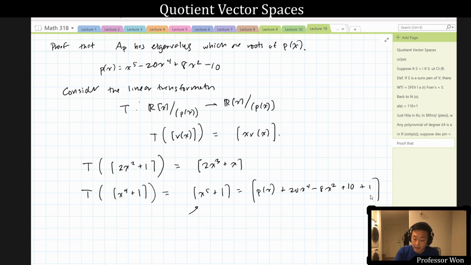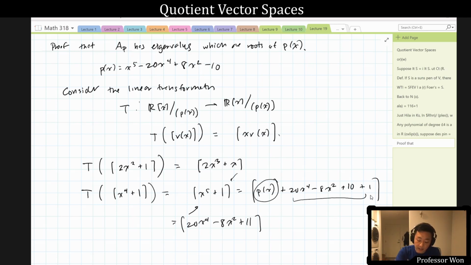And now, this is a multiple of p of x, and this is a remainder, so this is equal to 20x to the 4th minus 8x squared plus 10 plus 1, which is plus 11. Of course you can still write the equivalence class like this, but we said the most natural thing to do is to choose a set of representatives for your equivalence classes that are all small degree.